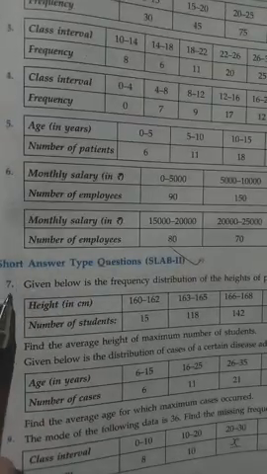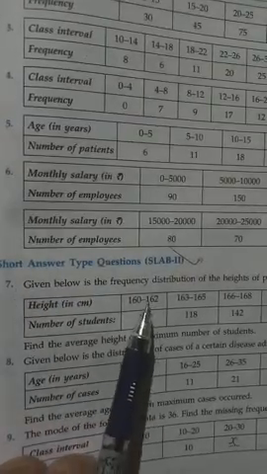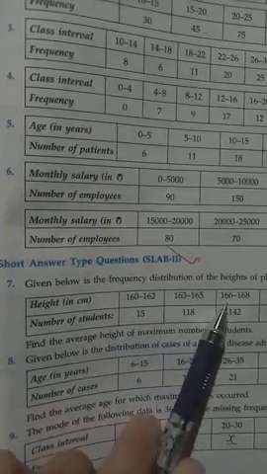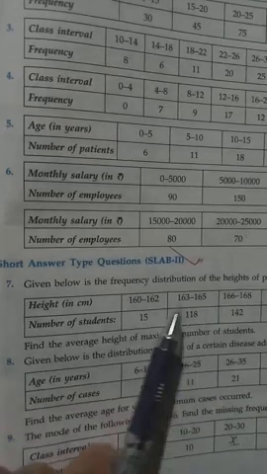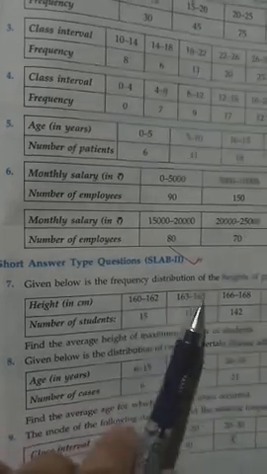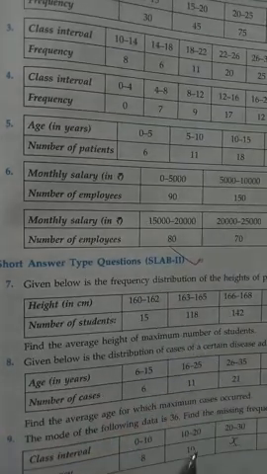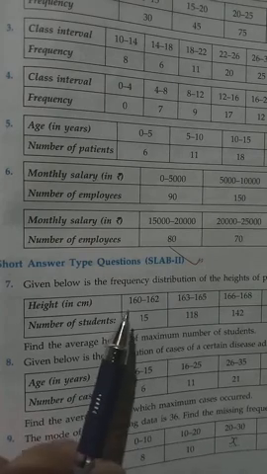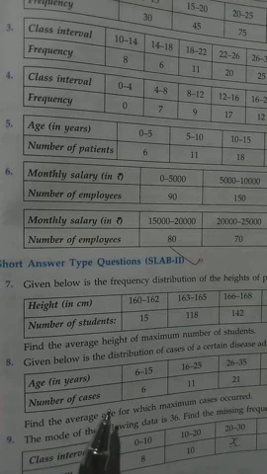But if you check here in question number 7, you will see you have 162, 163, 165, 166. So the class intervals are not continuous. In that case, before you calculate the mode, you have to make it continuous.